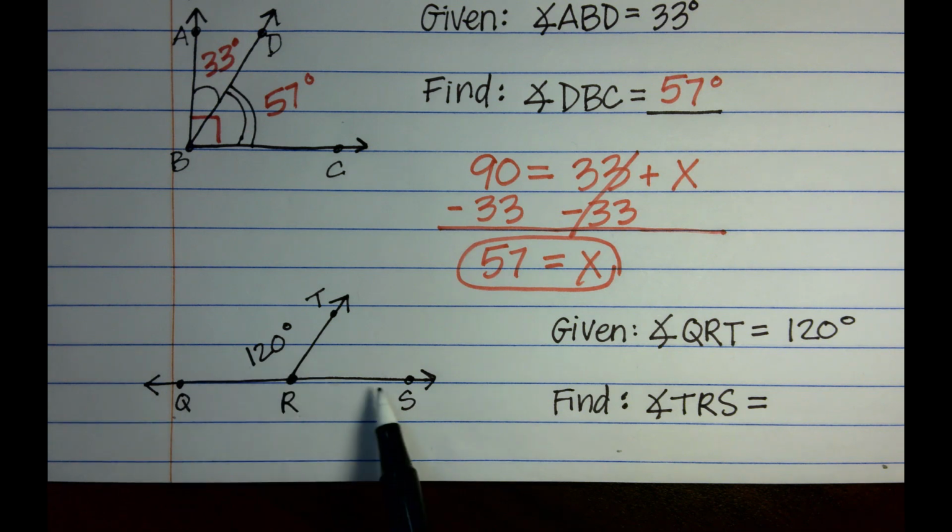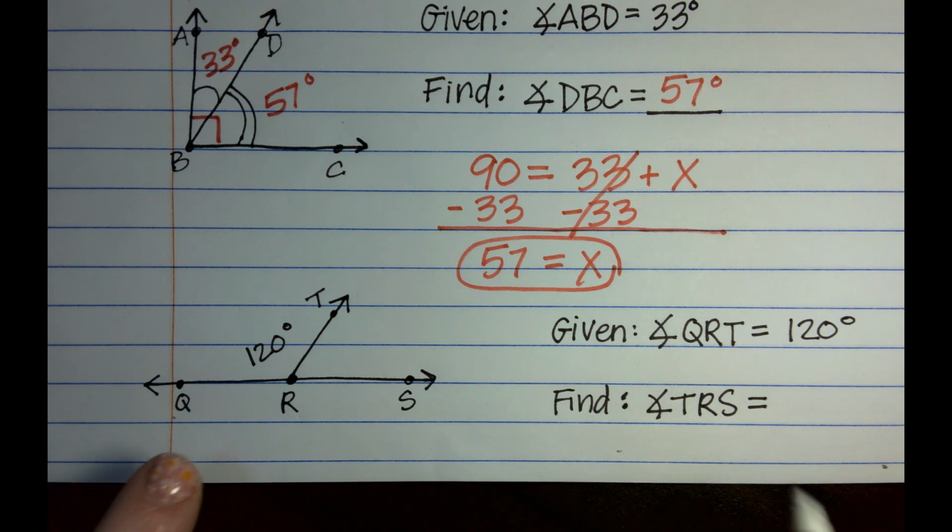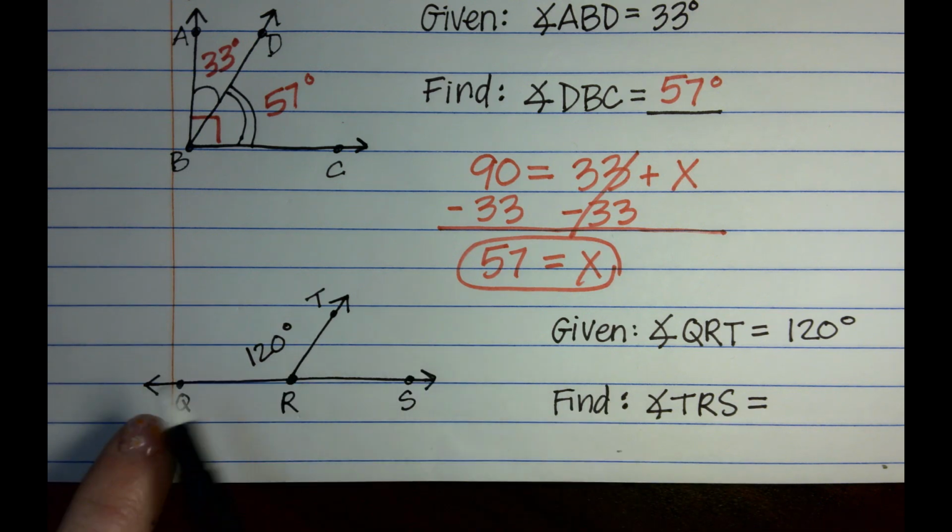Because these angles, when you put them together, form this straight line, how many degrees would they add up to? 180. Yes. QRT and TRS, when I put them together, make 180 degrees.